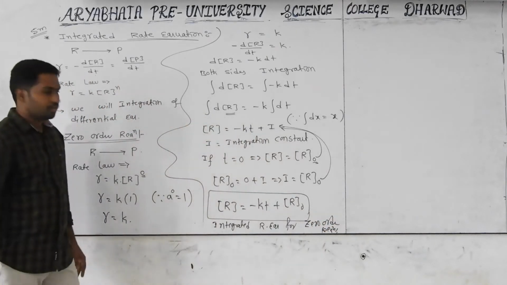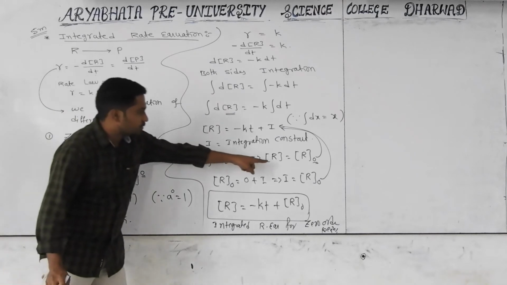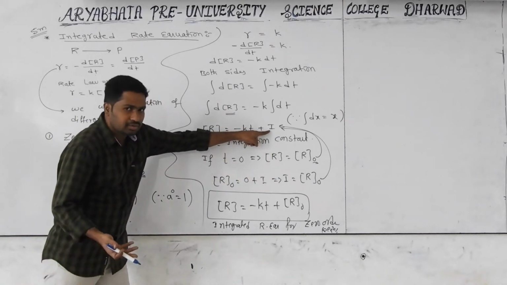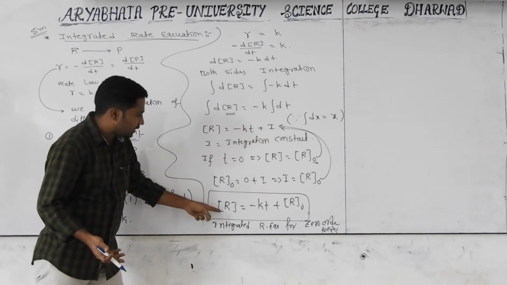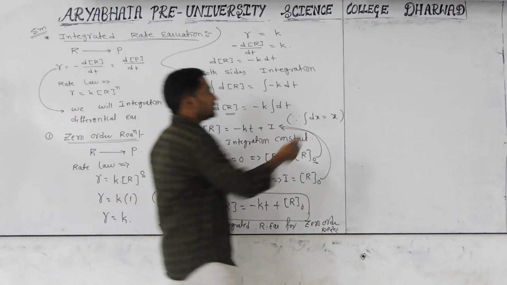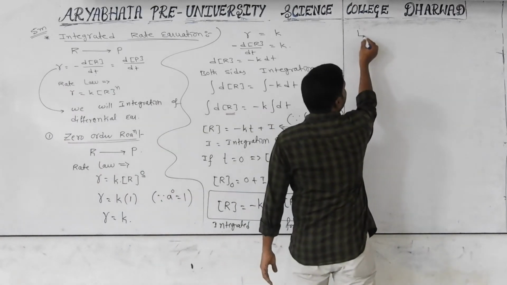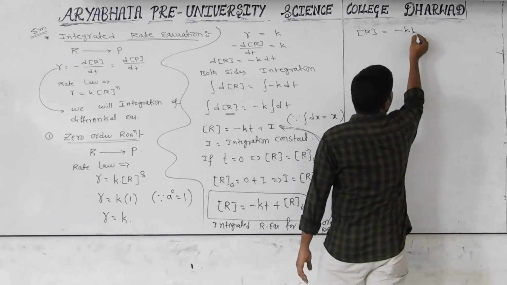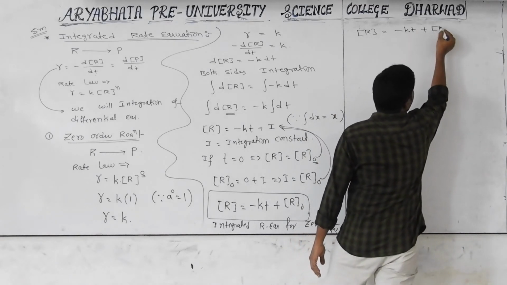That's it. All of you understood? Here you got the I value, the integration constant, and you substituted it here. Then finally R is equal to minus kt plus R0. Once again I am writing: concentration of the reactant R is equal to minus kt plus R0.